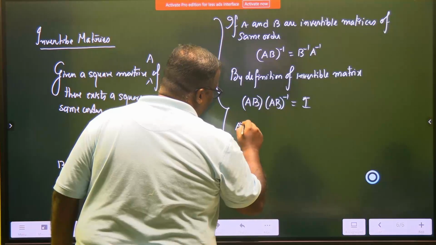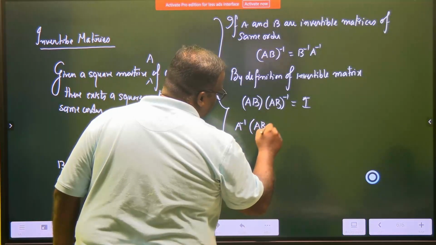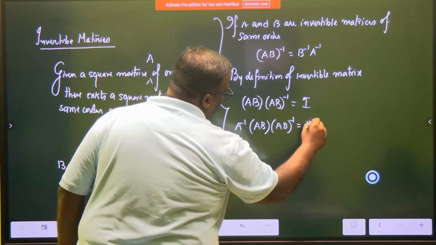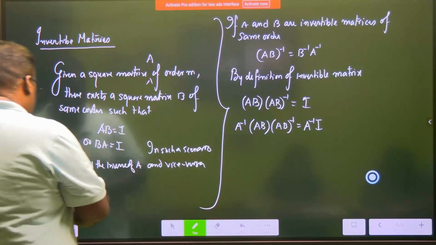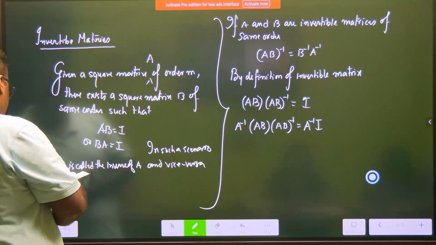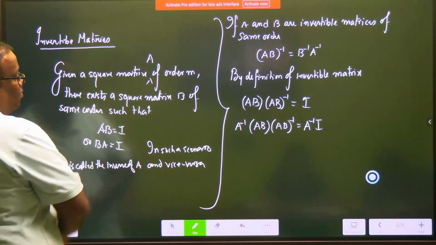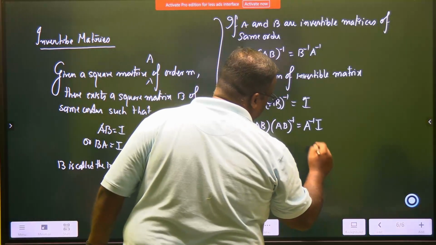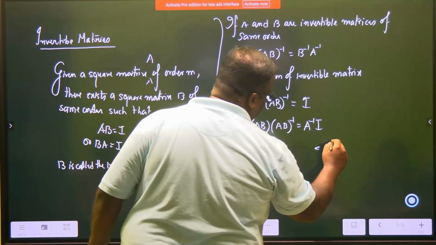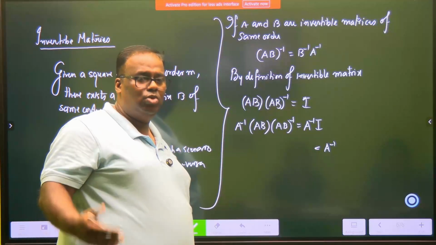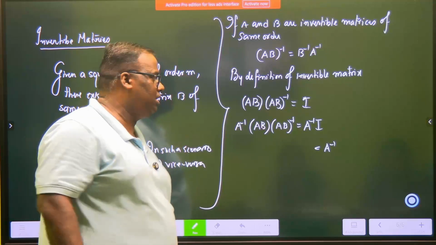Now multiply A inverse on both sides. AB into AB inverse gives you A inverse I. Now next step. Look at the right side. A inverse on I will give you A inverse. Is this understood? Any matrix multiplied by the identity, that's why you call it identity matrix, will give the same matrix.